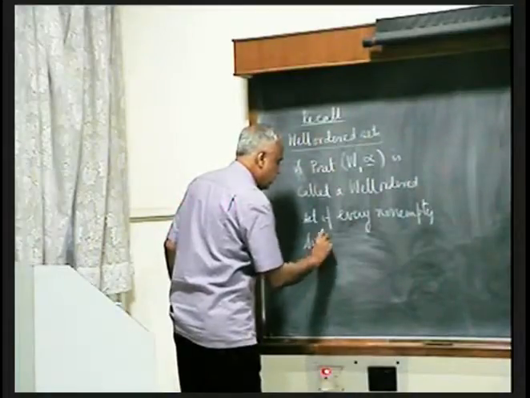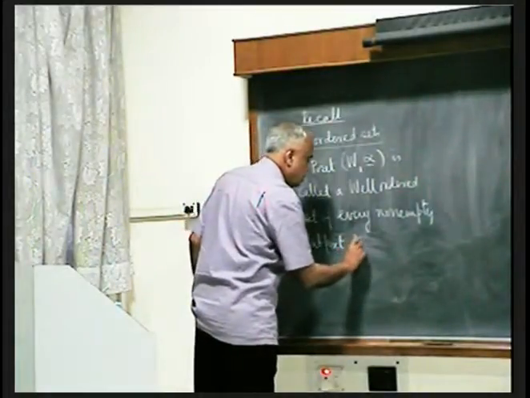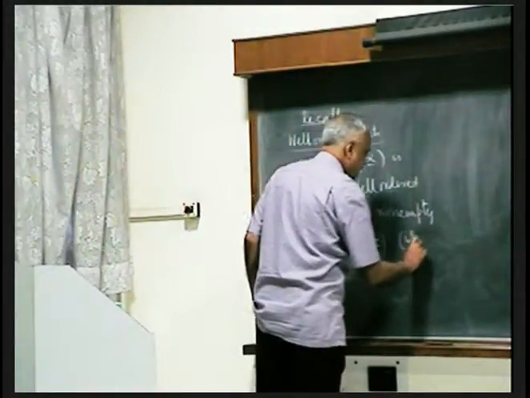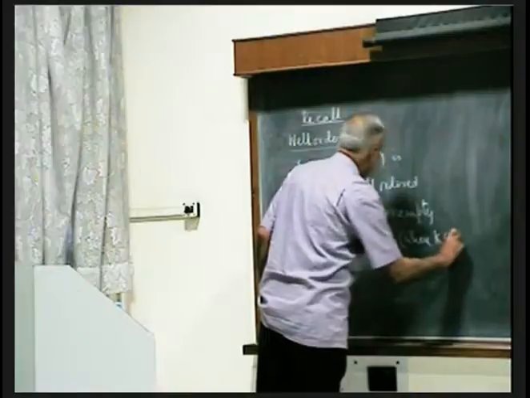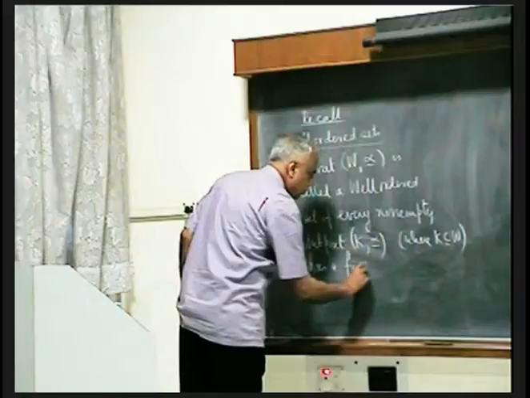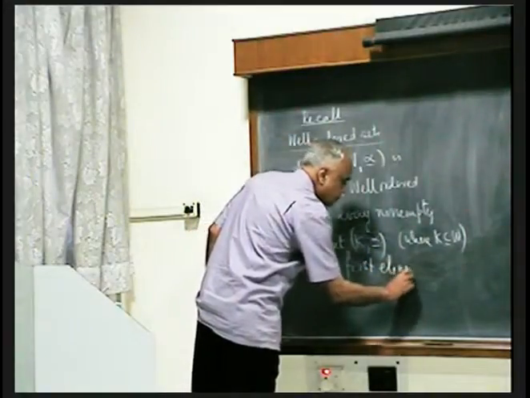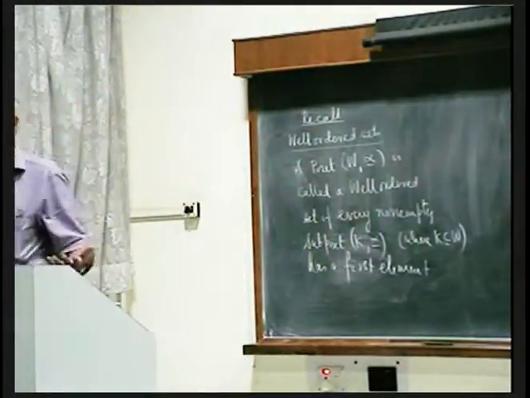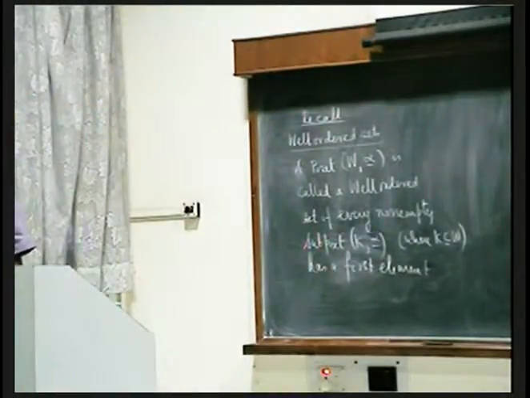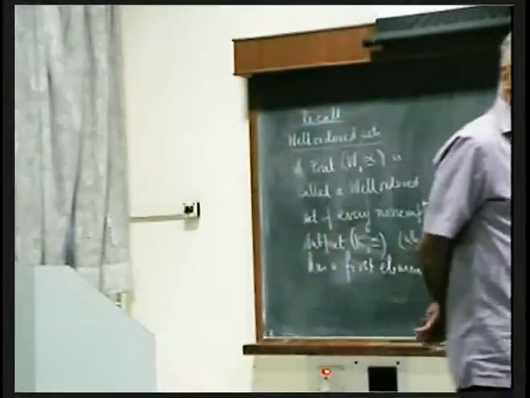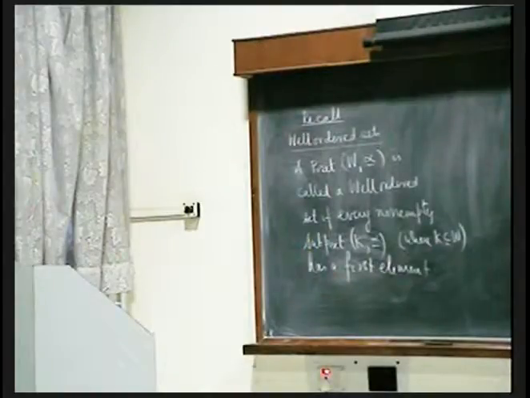This is the first example. And obviously therefore W itself has a first element because W is a non-empty subset of the total element. A well-ordered set will have a first element and every non-empty subset will also have a first element.